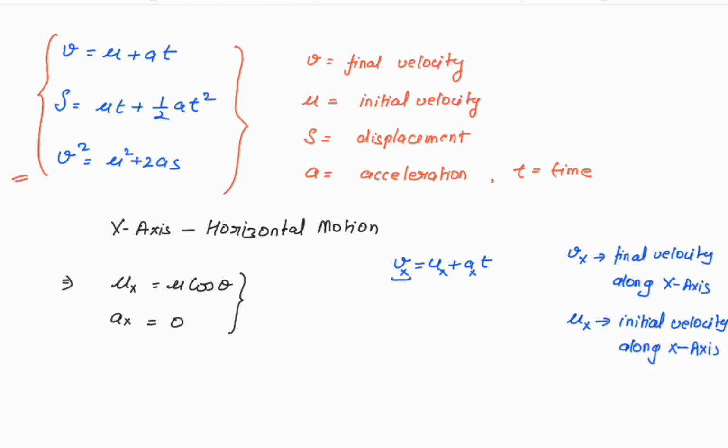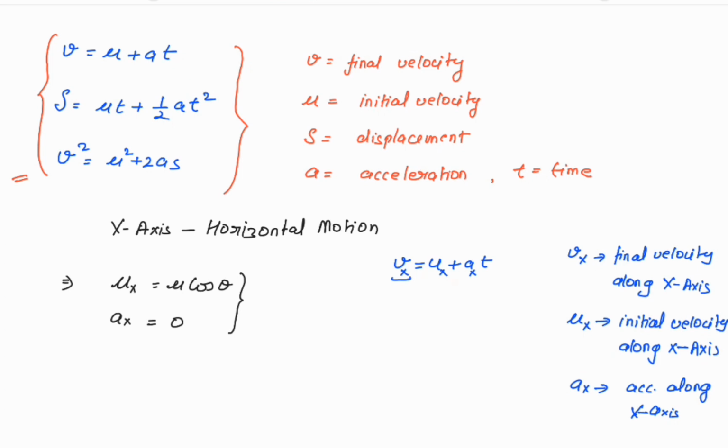Or instead of x-axis, it's better to say horizontal motion. Okay, what is ax? a is the acceleration along the x-axis. This is horizontal motion.